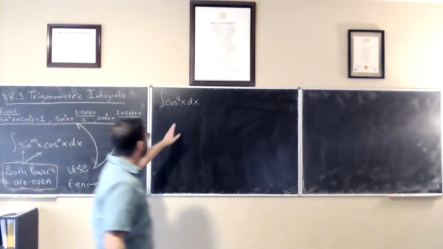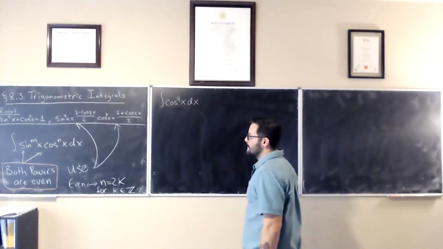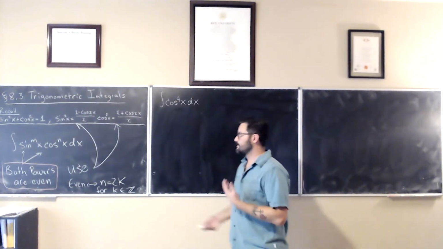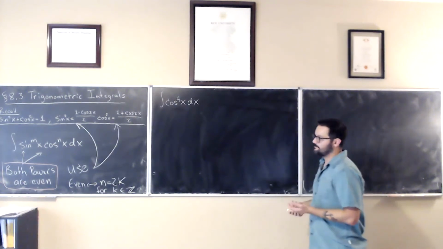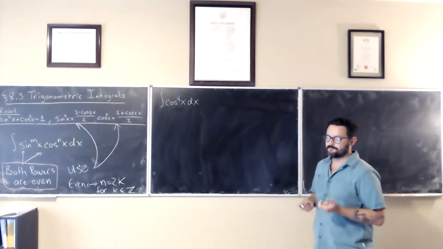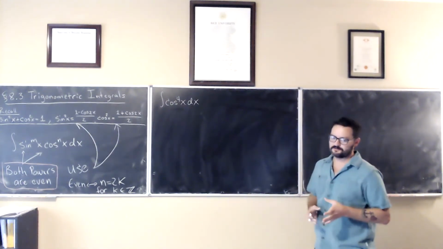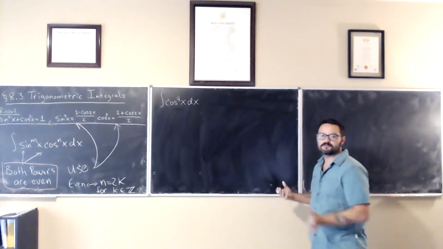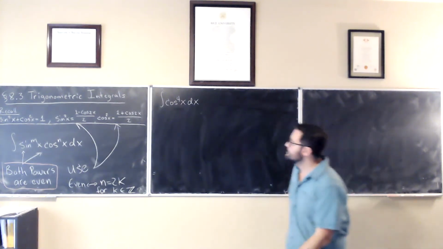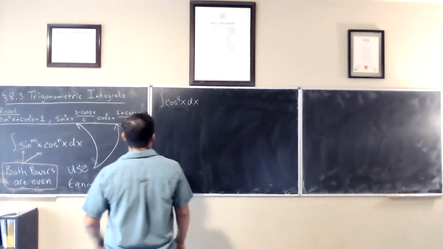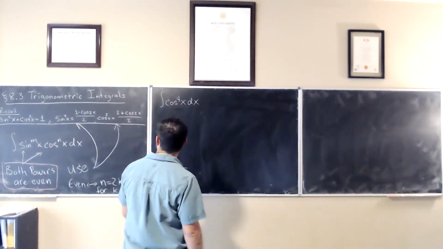Okay, as you noticed in both of the previous examples, the goal is to just get a trig function together with its derivative next to it. That's the goal, so that's what we'll be trying to do.